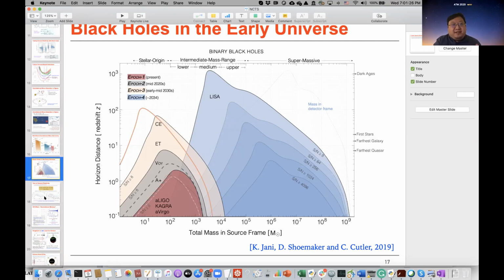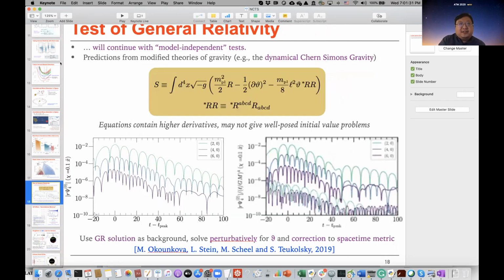But let me come back to testing relativity and testing black hole physics. So what are some of the things that we think we are going to be able to do theoretically with probing black holes, probing relativity? One thing is, there are modified theories of gravity, for example, adding terms into the Einstein-Hilbert action, which are motivated by theories of quantum gravity.